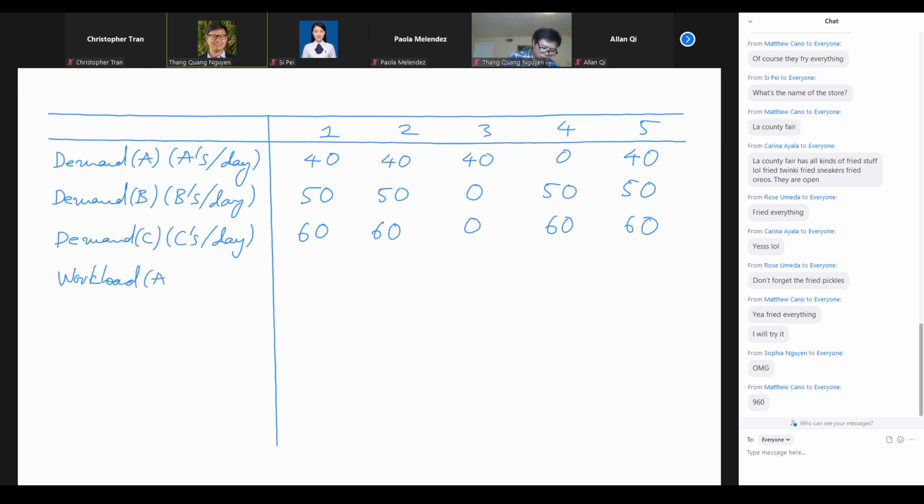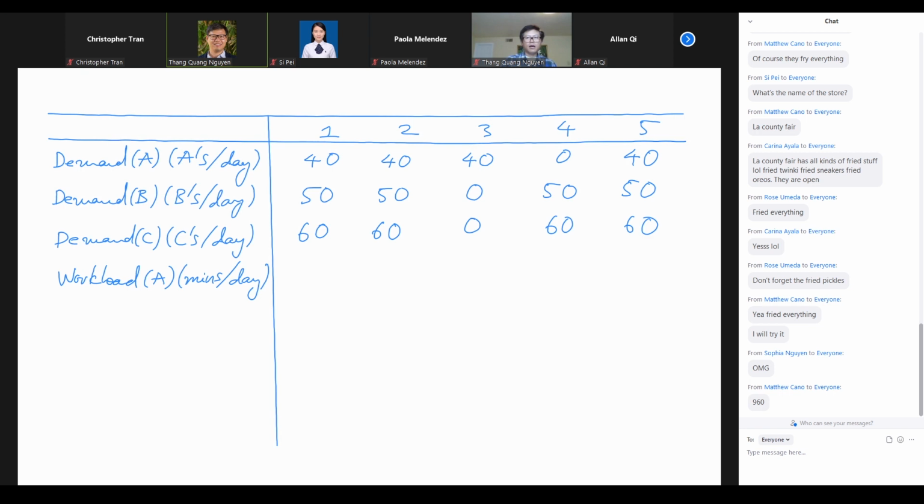for the ice cream, right? Now we convert the ice cream into the minutes of work per day, not the physical units. Now we convert all the physical units into the time unit. So if you look at the technology part of the table, we would know the processing time.